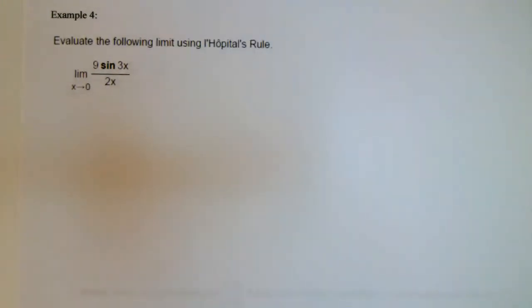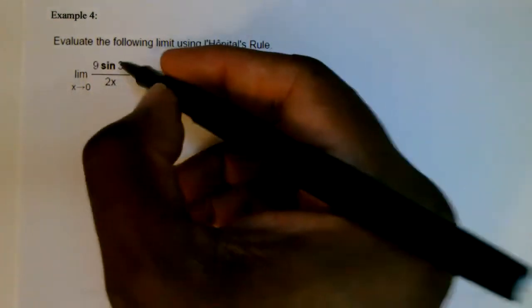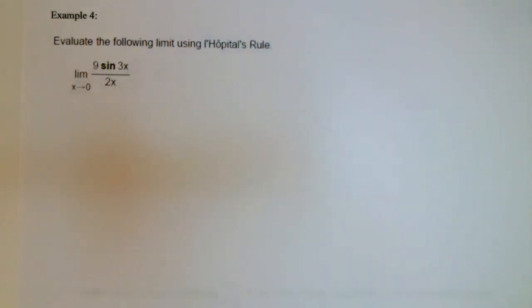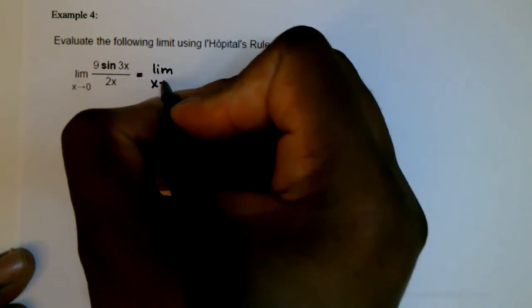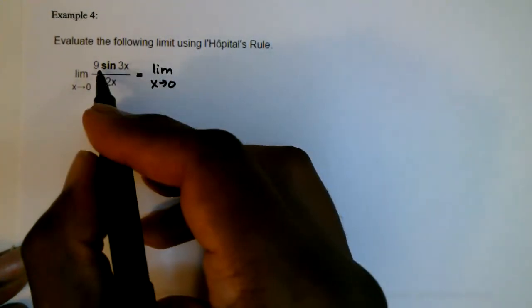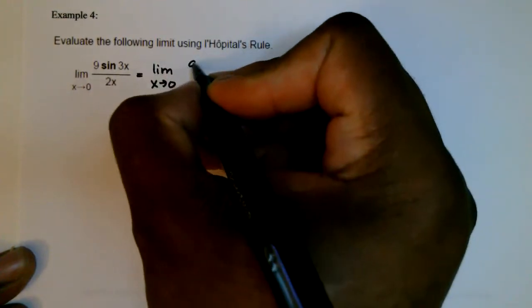So in this case, I will get 0 over 0, which is the indeterminate form. So now I need to apply L'Hopital's rule by taking the derivative of the numerator and the derivative of the denominator. Well, the limit as x approaches 0, I have to bring that over. The constant is a 9, I'll bring that over.